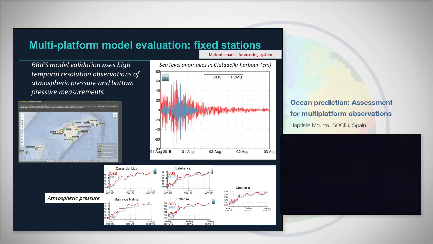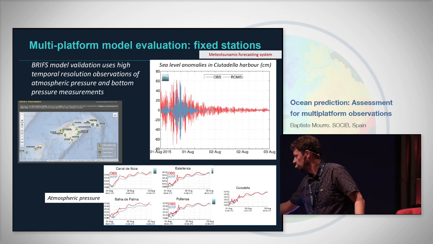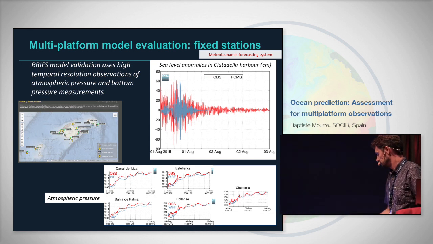So here, for instance, it was the case in August 2015. You can see that in Ibiza you have no signal, and then you see how the signal gets to Ciutadella, and you can assess how you represent it in the model.